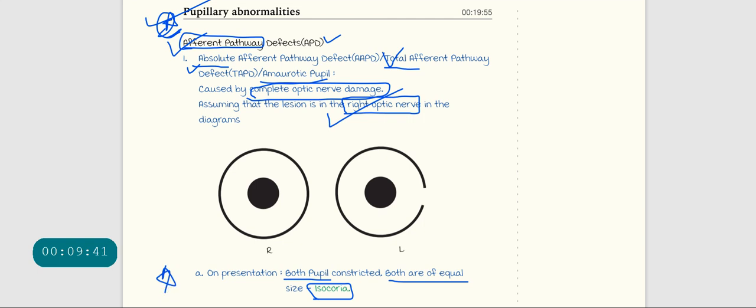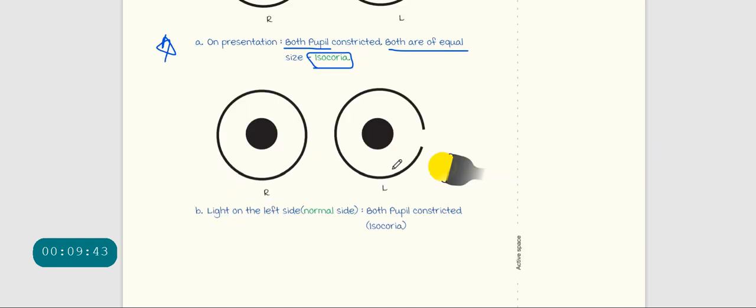Very simple. Now another possibility. When we put the light on the left side, as our lesion is at the right side, we are putting the light at the normal side, at the left eye. Then both pupils are going to constrict, the normal phenomenon, also called isochoria.